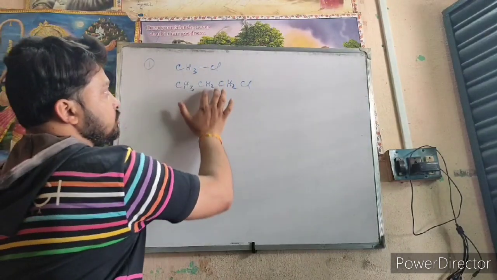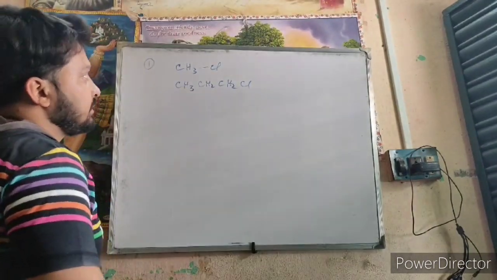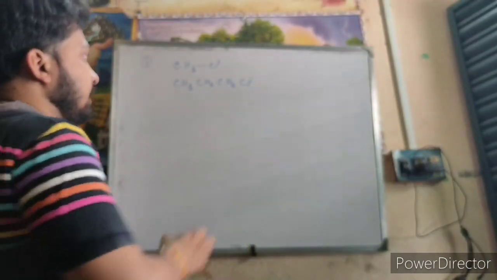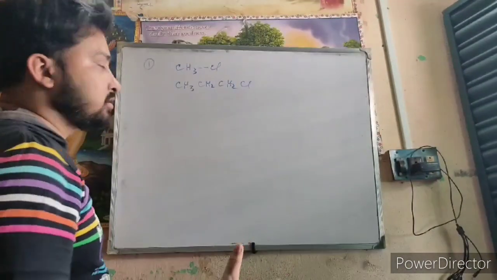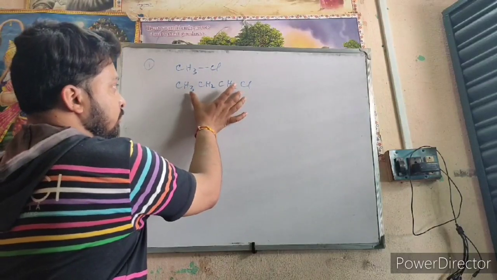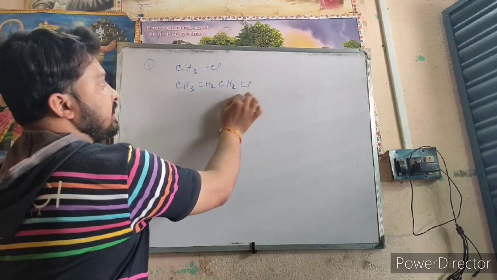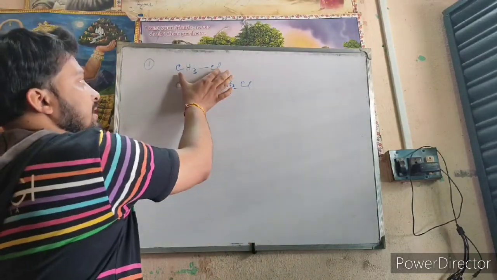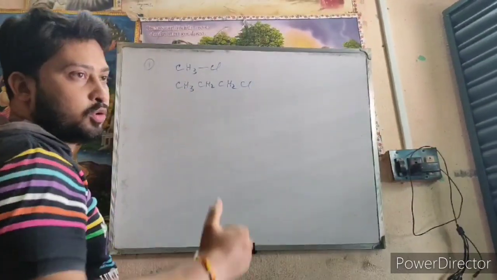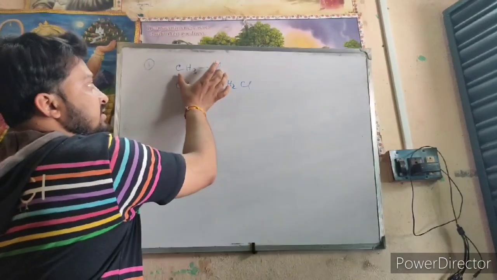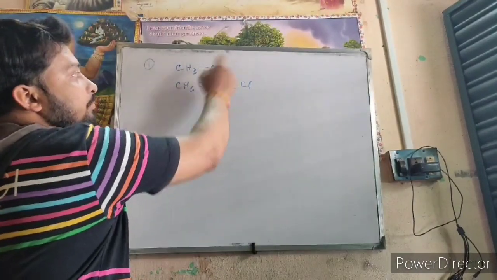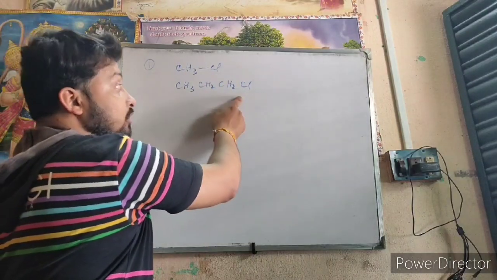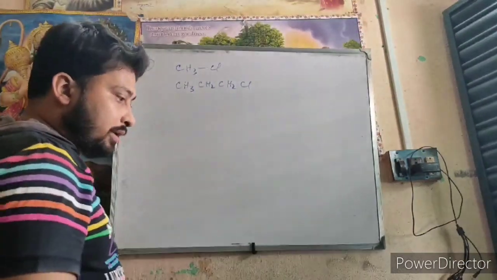If we compare these two compounds by their mass, this compound has lower mass and this compound has higher mass. As the mass of this compound is low, there is a chance that it may be gas.